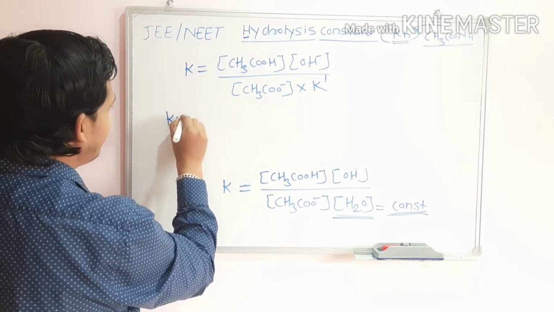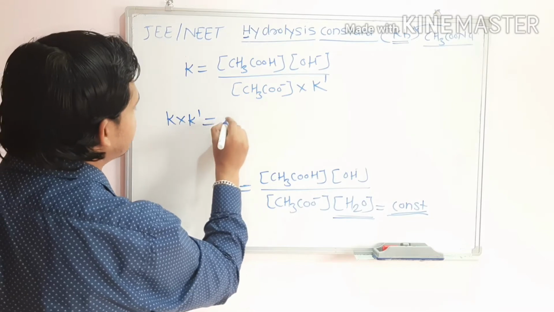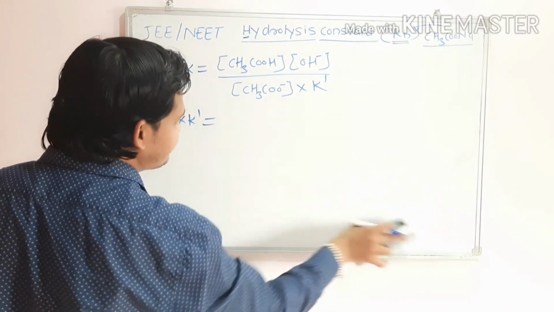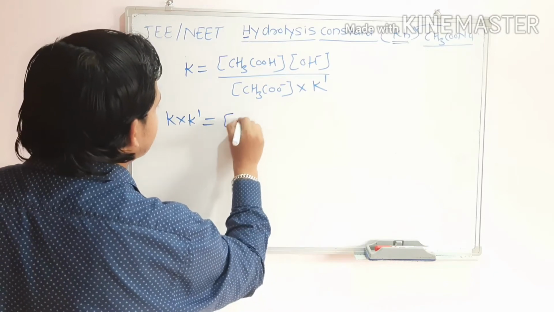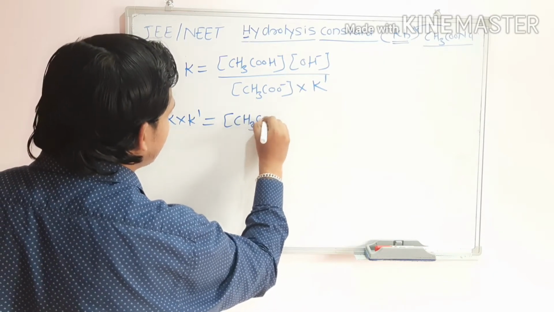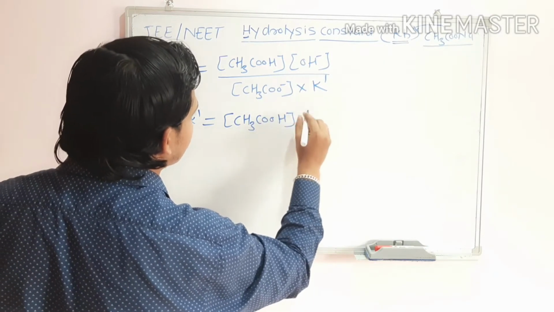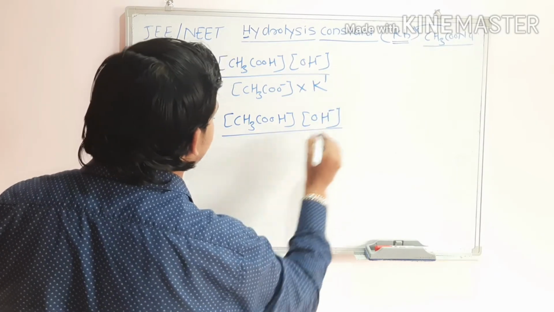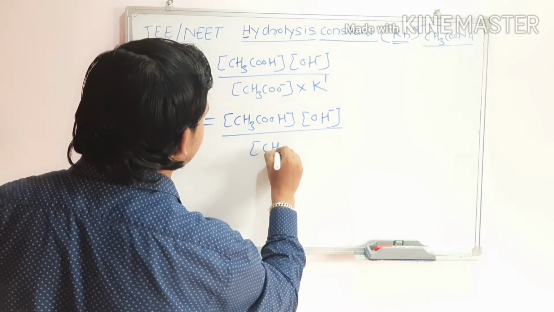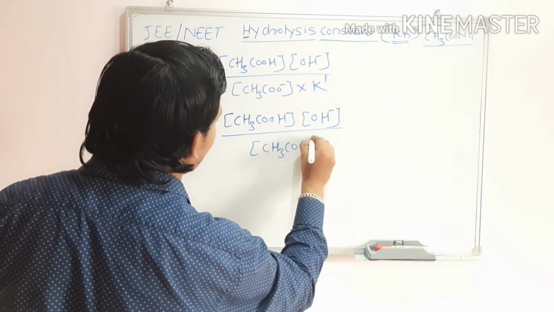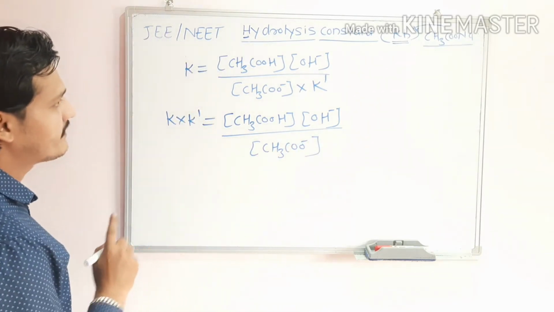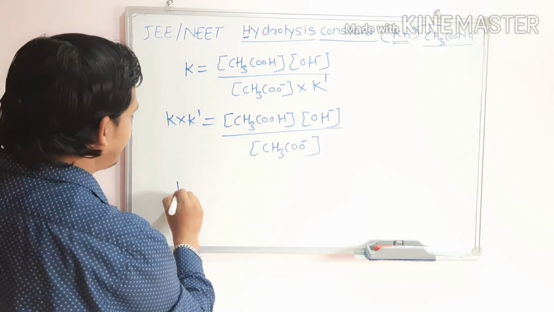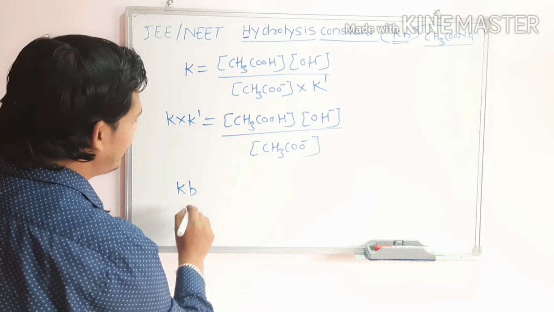So K into K dash is equal to, first of all I am rubbing this out, then CH3COOH in bracket, OH minus, divided by CH3COO minus. Okay, then K into K dash we have to call KH.